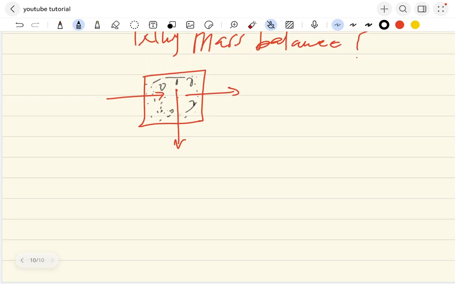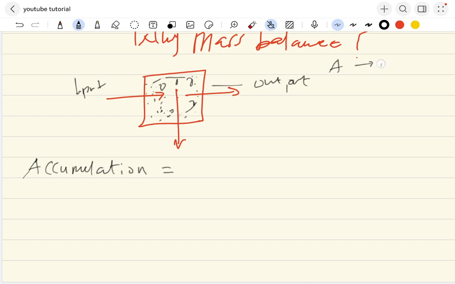So from that we can see accumulation, which here is mass accumulation, is simply whatever we are putting into the system minus whatever comes out of the system. And if there is a reaction, for instance if a reaction is taking place, A is being consumed whilst at the same time B is forming.